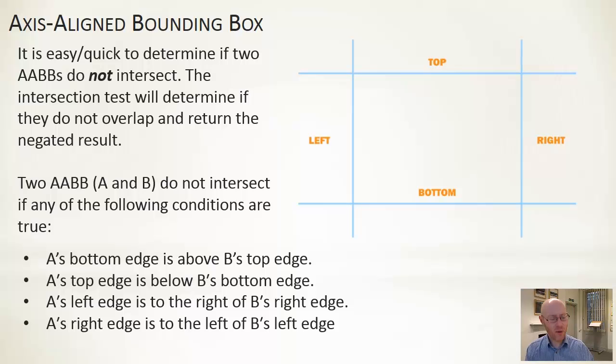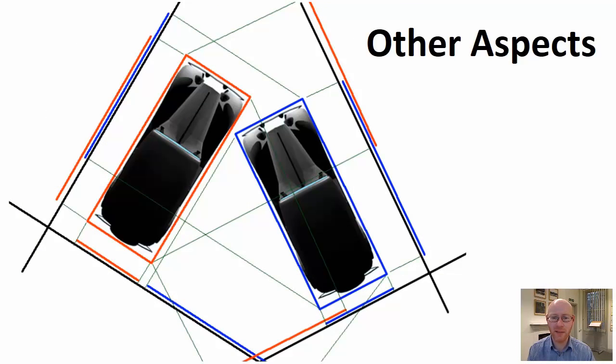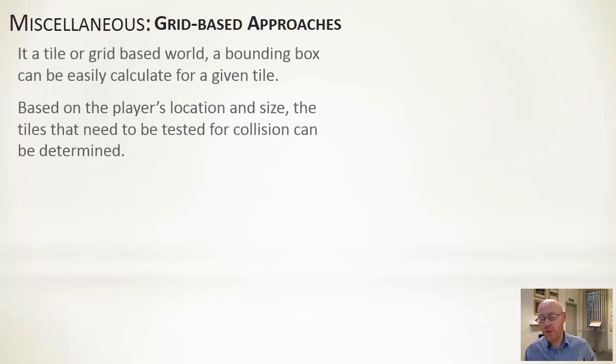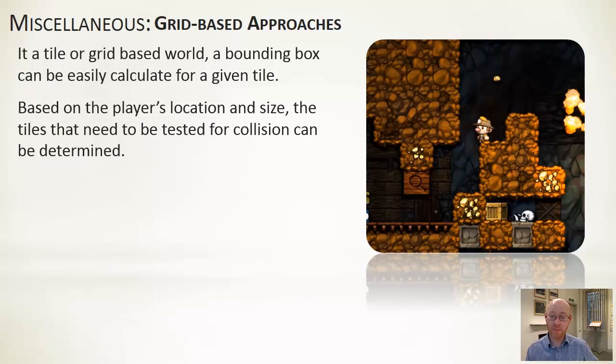So to finish this off, just a few other aspects that are relevant to collision detection. First one is about using grid-based approaches. The demo we have going along this uses an object-based approach. It has a number of rectangular objects, each with its own position.